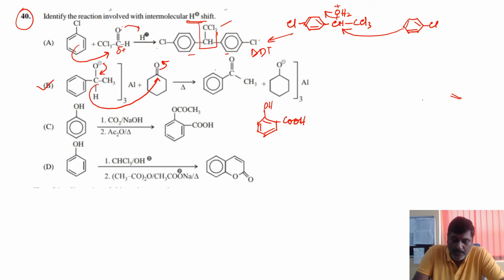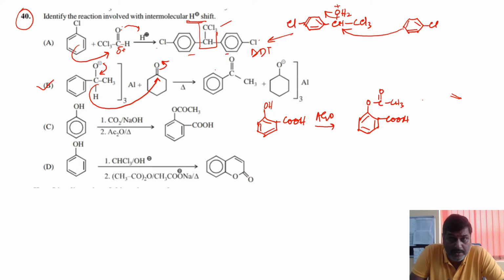And then this is treated with Ac2O, acetic anhydride. And so this one is O-acetyl salicylic acid. You know, this compound is very important, right? And there the COOH, this one is the aspirin, right?